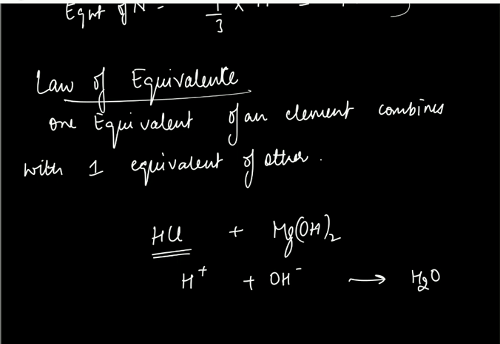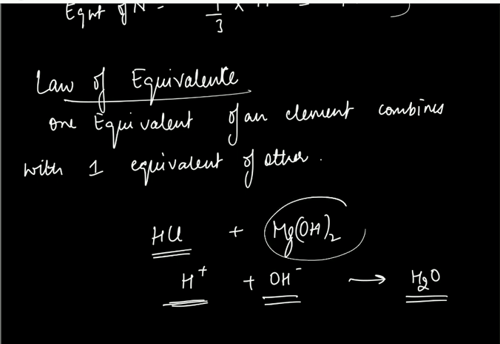So basically the motive of acid and base is to form water. One equivalent of H positive ion reacts with one equivalent of OH negative ion to form one mole of water. Over here, I'm using the term equivalent because when it comes to acid base neutralization, it's always going to be one from the acid, one from the base.